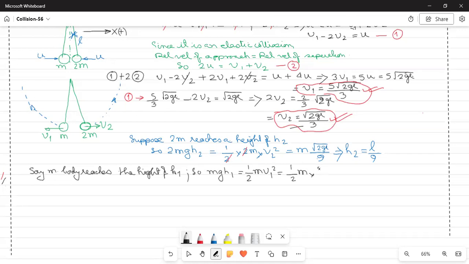So this is equal to 25 into 2GL by 9. In this equation, G and G get cancelled, M and M get cancelled, 2 and this 2 also get cancelled. So what we are left with is H1 is equal to 25L by 9.